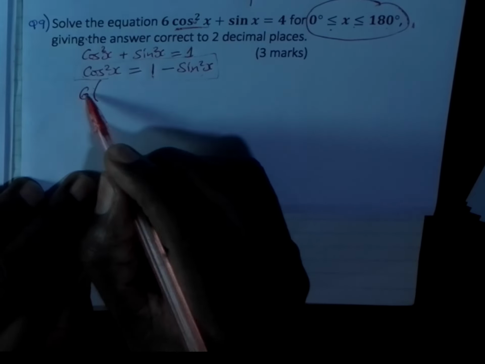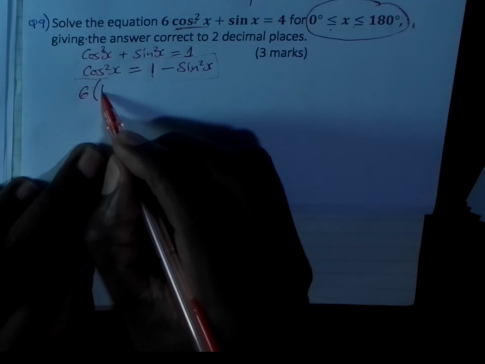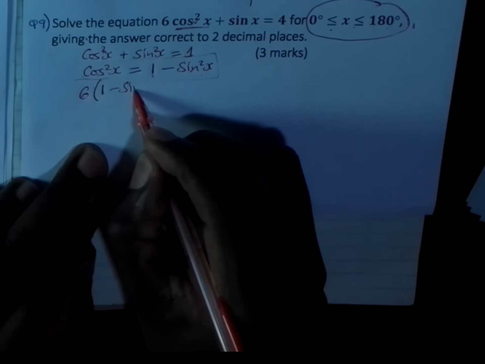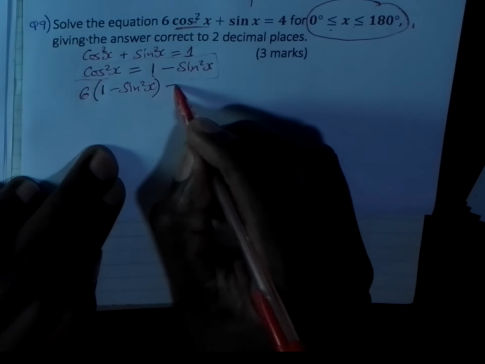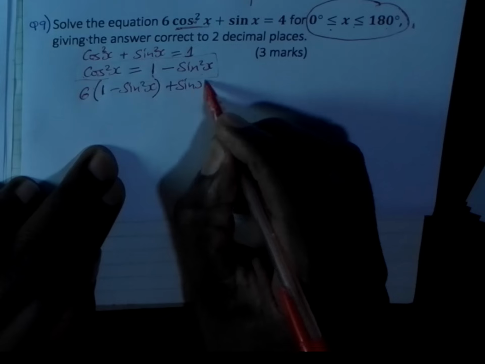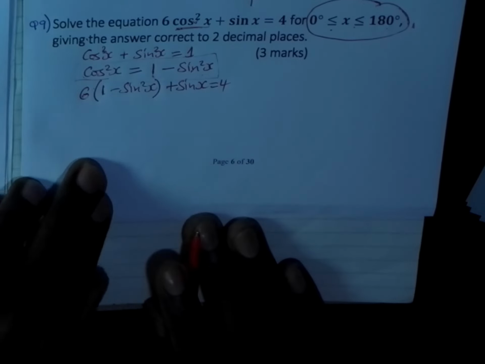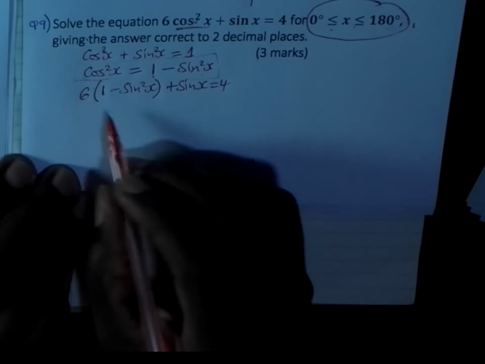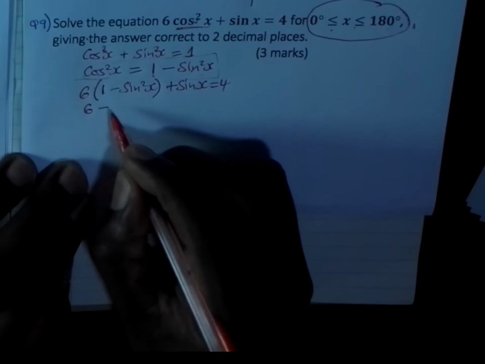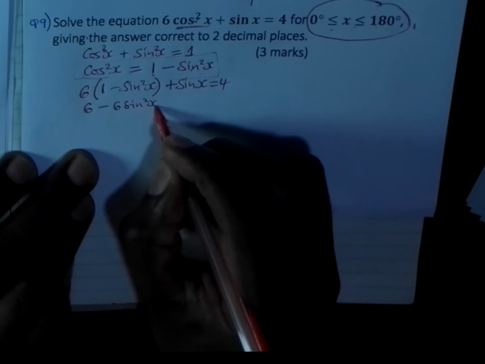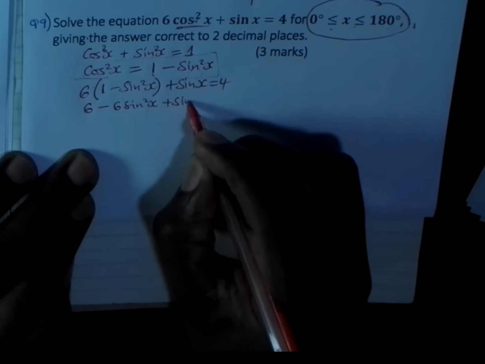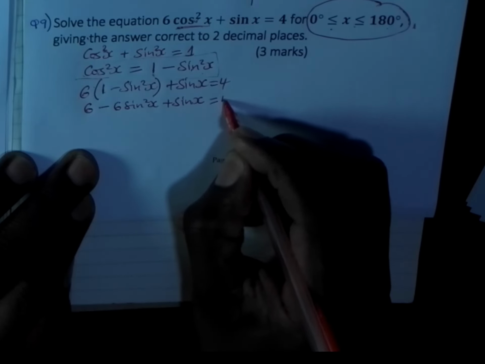So that will be 6 times bracket 1 minus sine x squared, close the bracket, plus sine x is equal to 4. So for this, opening the bracket, we have 6 minus 6 sine x squared plus sine x is equal to 4.